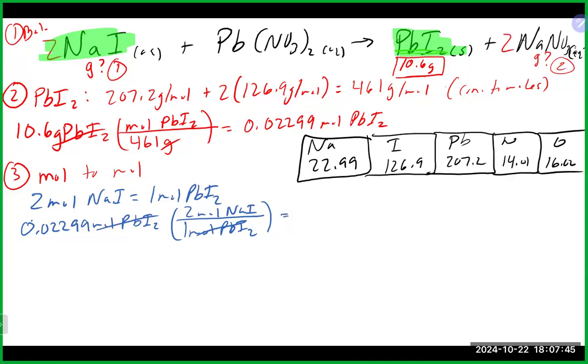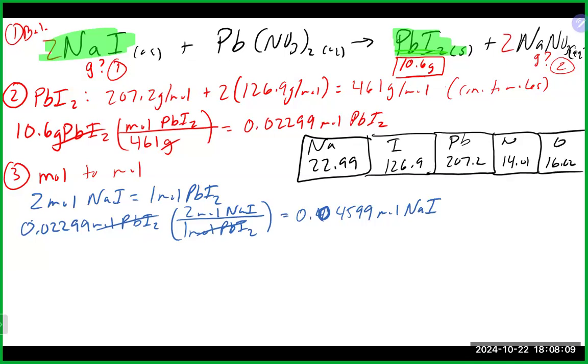We're basically going to multiply it by 2. Can give us 0.04599 moles of NaI. We are looking for how many grams, which means the fourth step is we're going to convert these moles into grams.